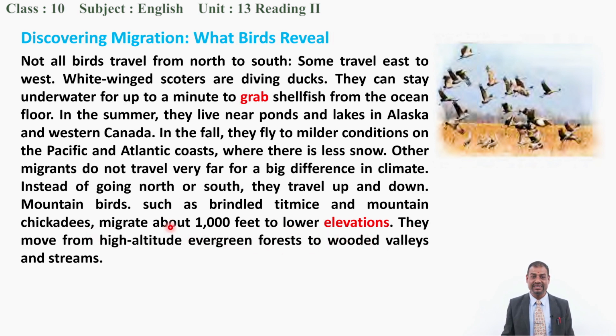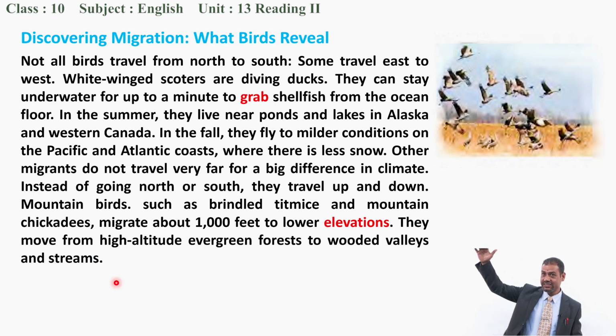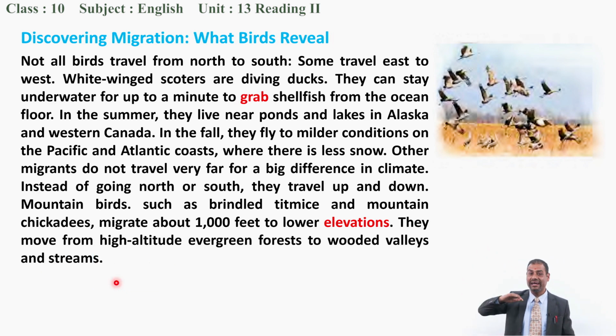So these are the names of the birds, and this is what they do. They go up, they go down, but not from one direction to another direction. They move from high altitude evergreen forest to wooded valleys and streams. So this is about height, from high altitude to low elevation. That is how they manage, and that is how they protect themselves from different weathers.